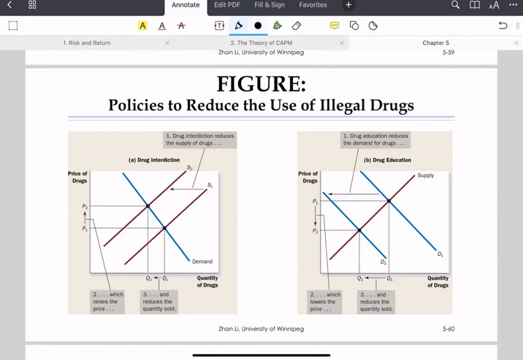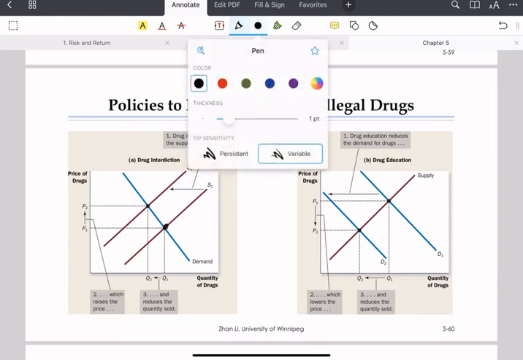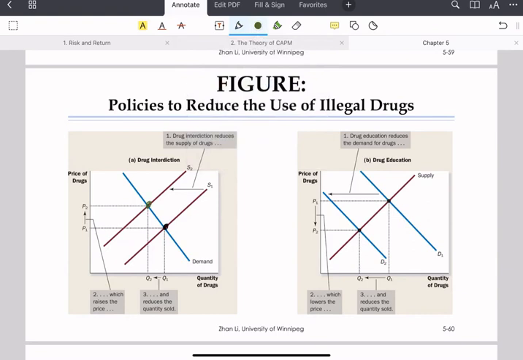So through drug interdiction, the supply curve should shift to the left, right? And what you observe here is the equilibrium point shifts from this black dot to this green dot, right?